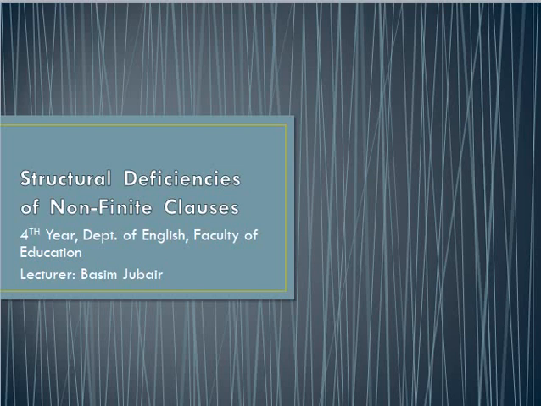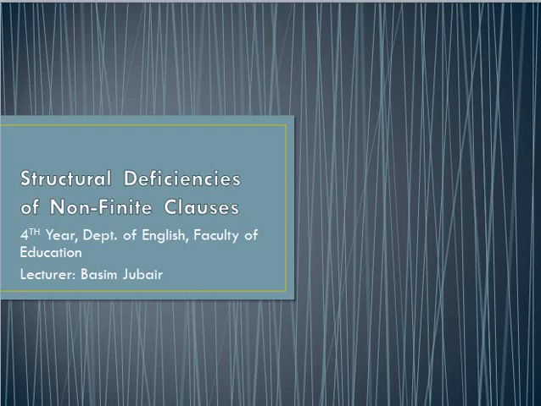If you remember, in the previous lecture we talked about the non-finite clause as a mini clause of a main one or a matrix clause, which means that the non-finite clause must have a verb and or a subject, which means it should be a complete sentence with full meaning.